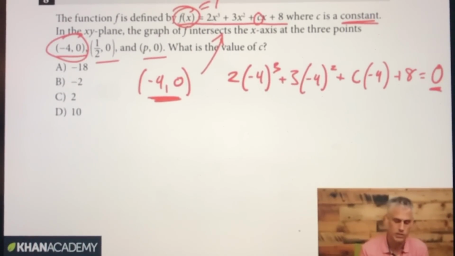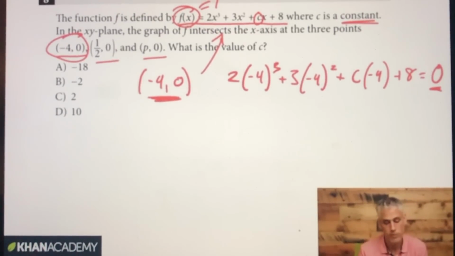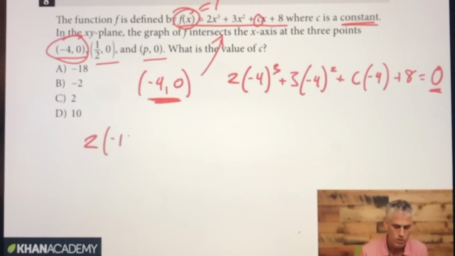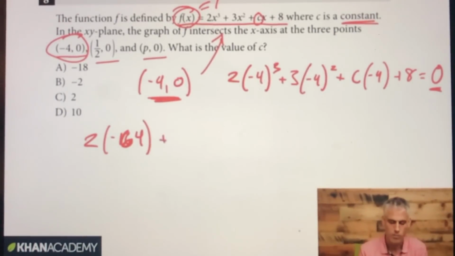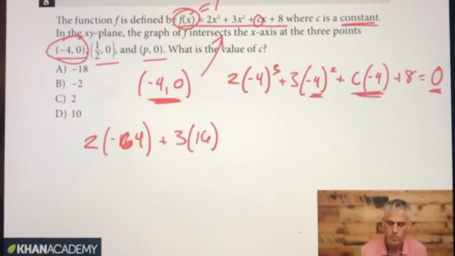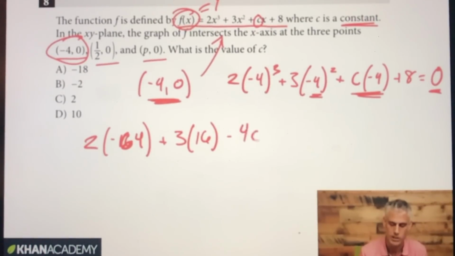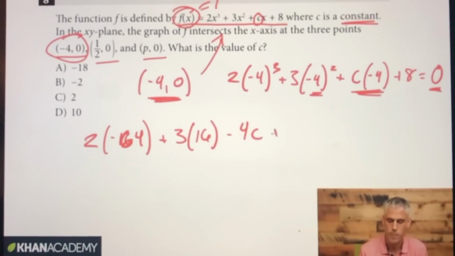So now we have to solve this. -4 cubed is -64. 2 times -64 plus 3 times 16, because -4 times -4 is positive 16, plus c times -4, that's minus 4c, plus 8 equals 0. Let's keep on boiling it down.